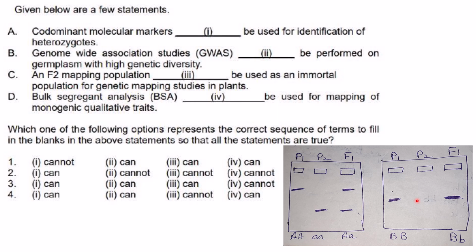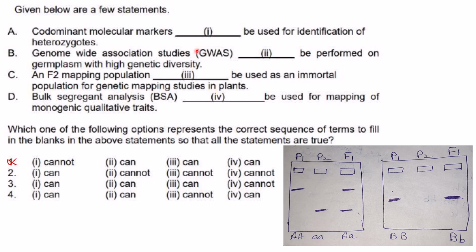So dominant marker will identify only the dominant condition, and not like the codominant marker, which can be used for the identification of both dominant as well as recessive alleles. So one is not correct, the others we will see.